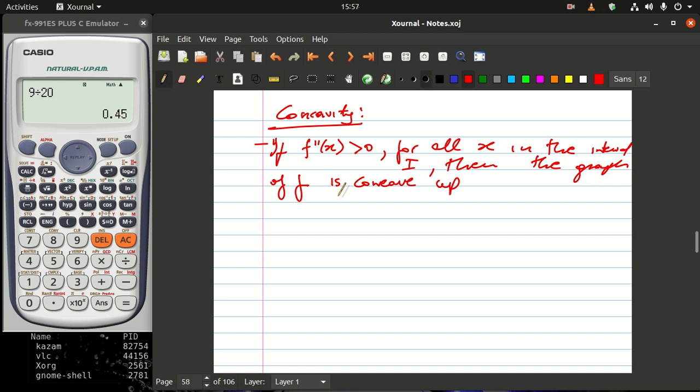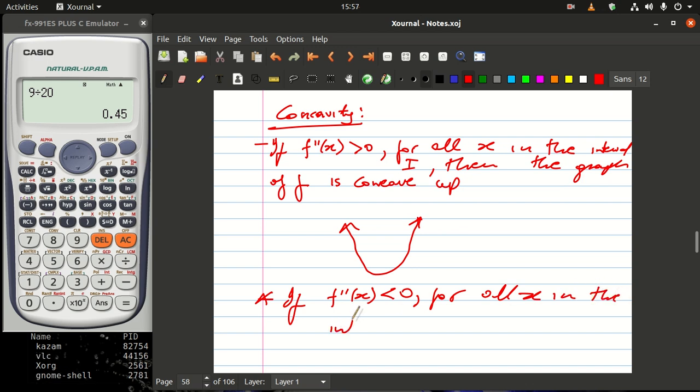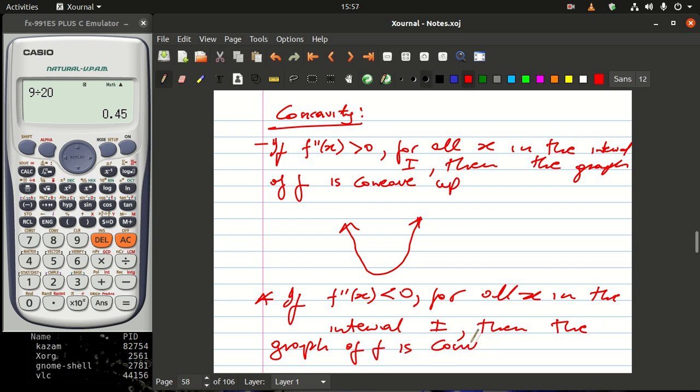In other words, if the second derivative is positive, we're getting something like this, right? And then if the second derivative with respect to x is less than 0 for all x in the interval I, then the graph of f is concave down.